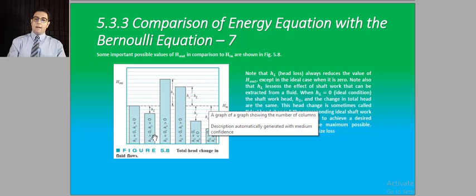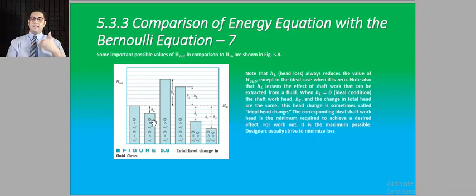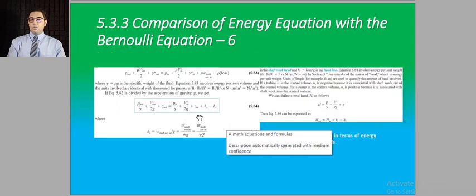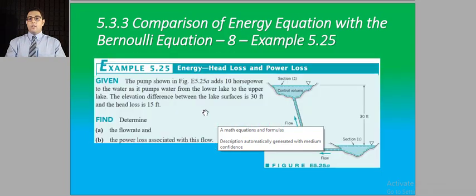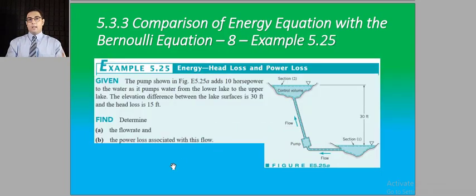Once we have the head loss, the head at the outlet is less than at the inlet. It's based on the calculation, where you see the effects of the head losses of the shaft or the loss due to itself. In order to get it better, I'm going to illustrate example 5.25 in written text. So follow me with it.